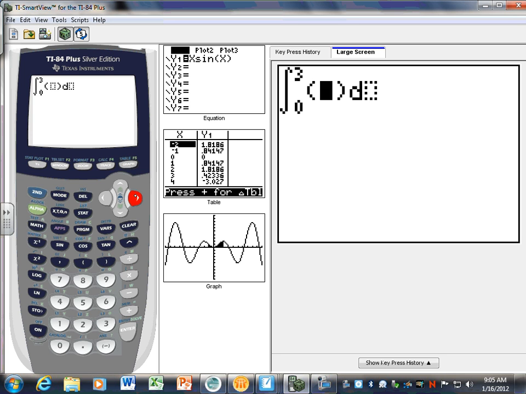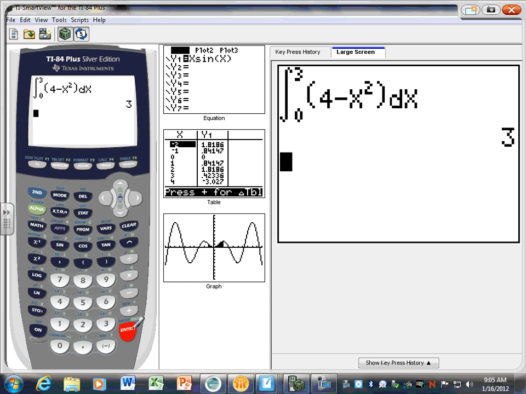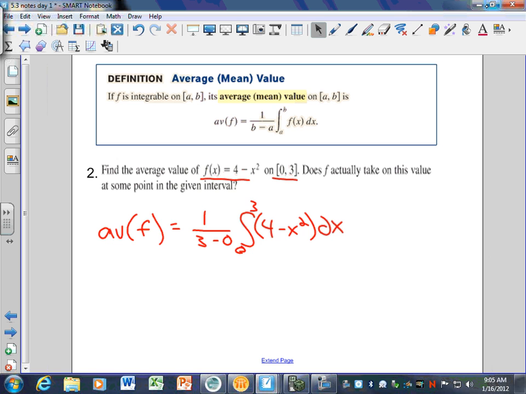I really need my old calculator back. 4 minus x squared. And then you have to put comma x, comma 0, comma 3. You get 3? I'm getting somewhere. So this would be 1/3 times 3, or the average value of this function over that interval would be 1.